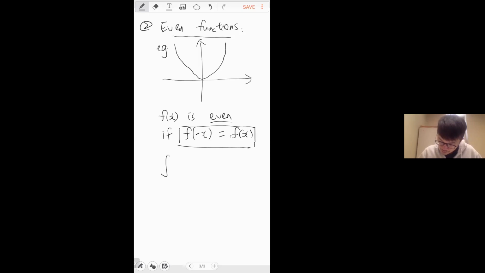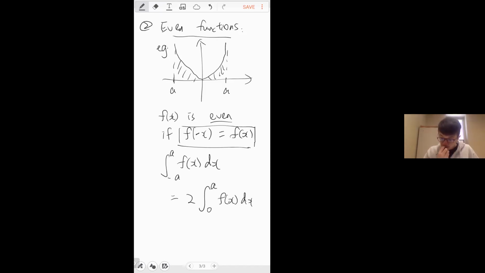And in this case, if you're taking the integral of f of x from -a to a, this is going to be 2 times the integral from 0 to a.